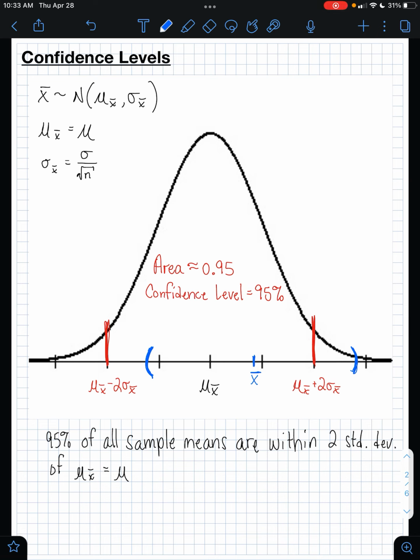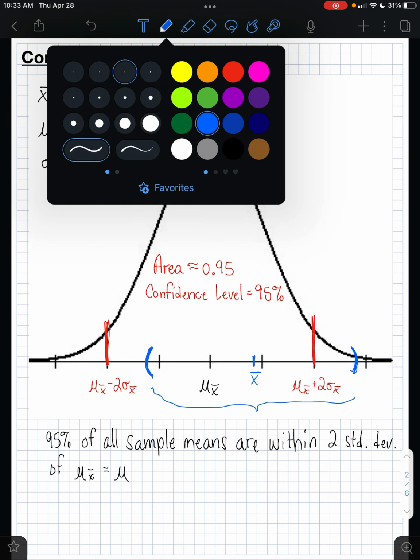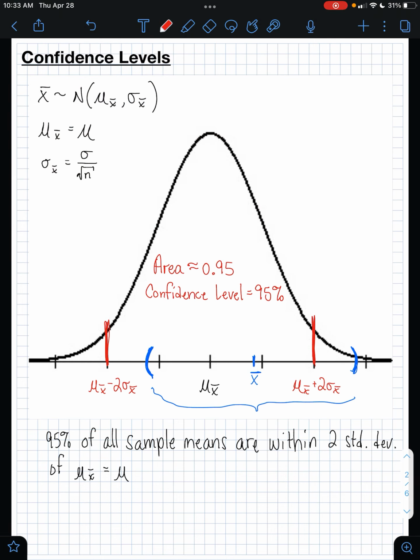What we've got here then is an interval that is the same width as the interval here. It's just centered on a different point. The idea is that rather than talk about this in terms of mu, we are going to talk about it in terms of x bar.